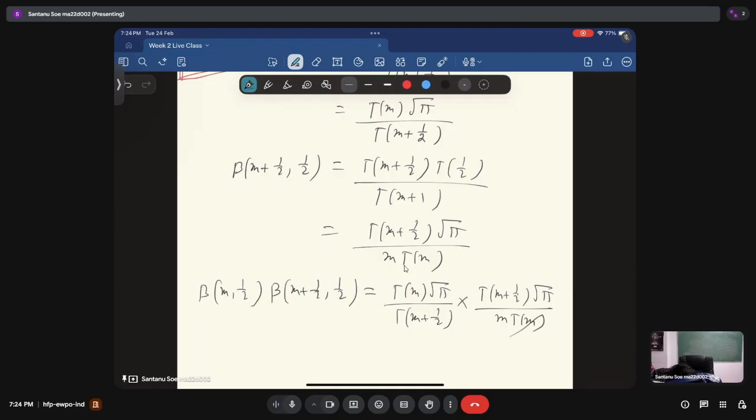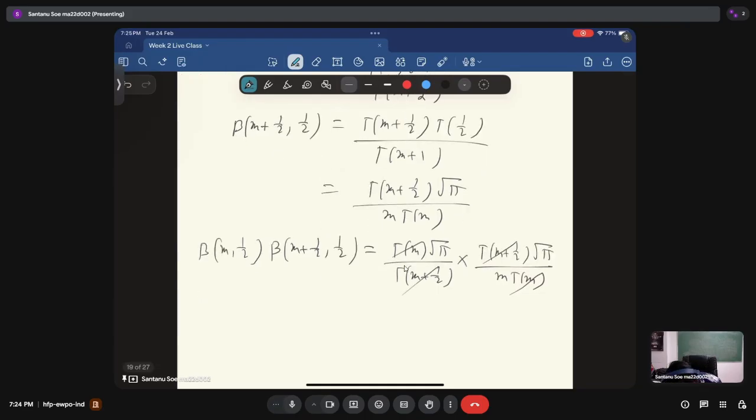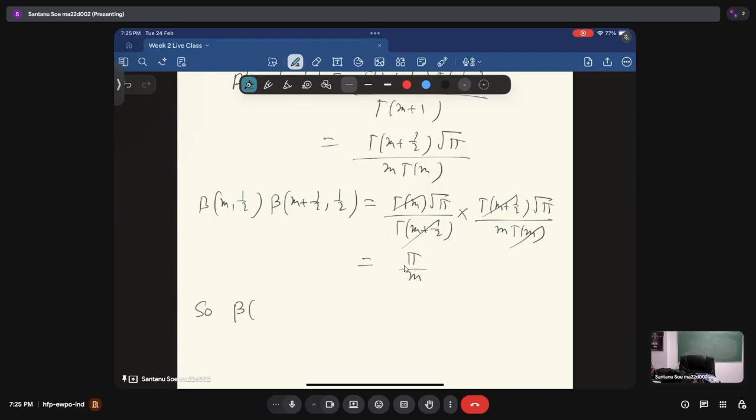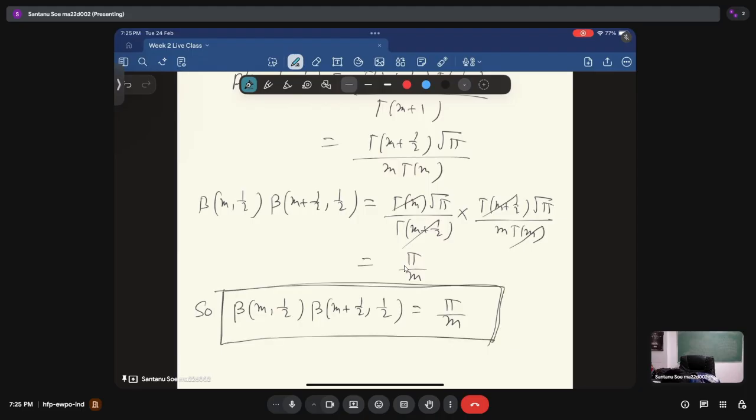So this gamma m got cancelled out, and gamma of m plus 1 by 2 got cancelled out. So we have only pi divided by m. So beta of m comma 1 by 2 into beta of m plus 1 by 2 comma 1 by 2 should be pi divided by m. Okay. So this is the answer.